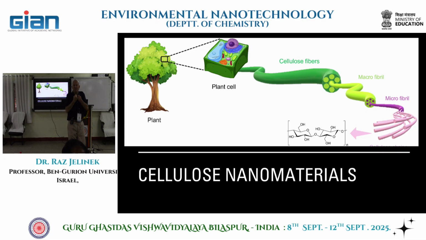Cellulose makes very strong fibers, just like our shirts. Shirts are also made of fibers. Plants are also made of cellulose fibers.